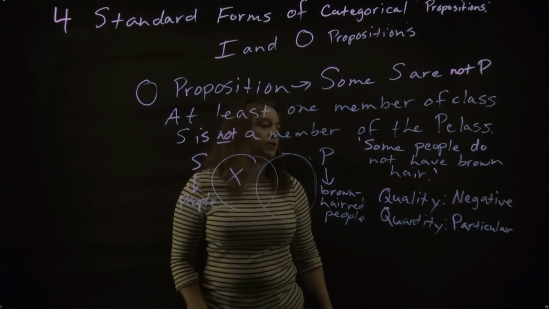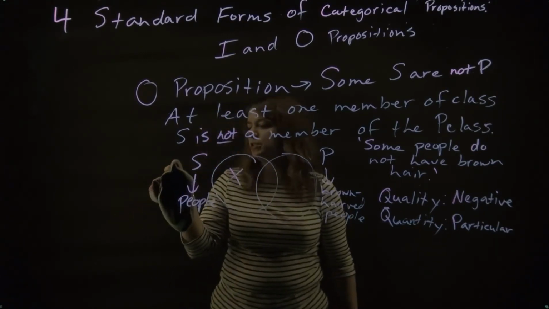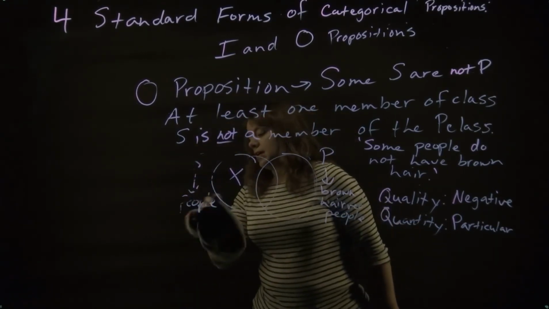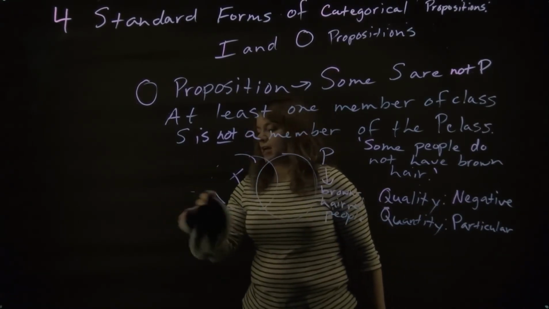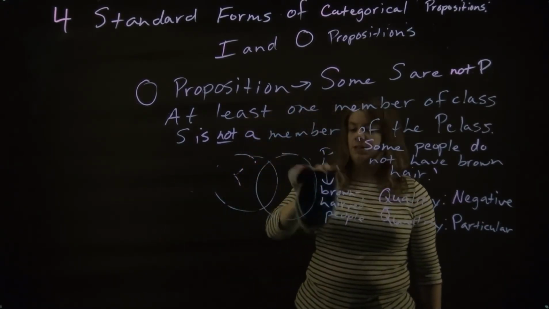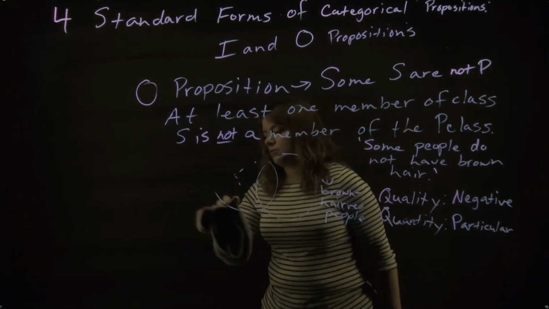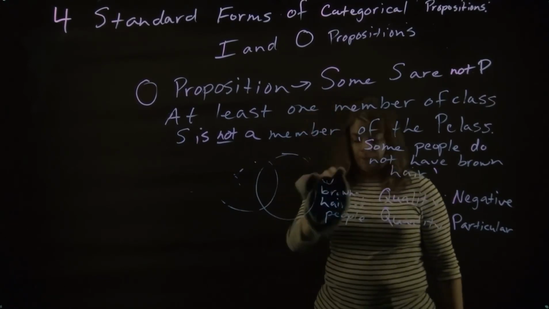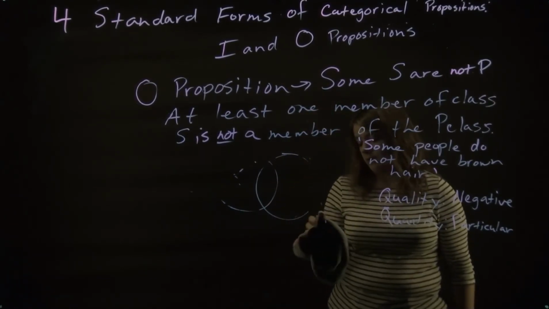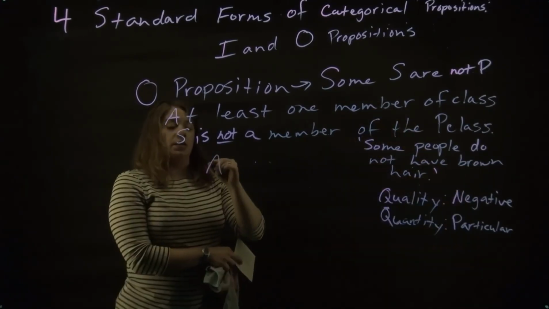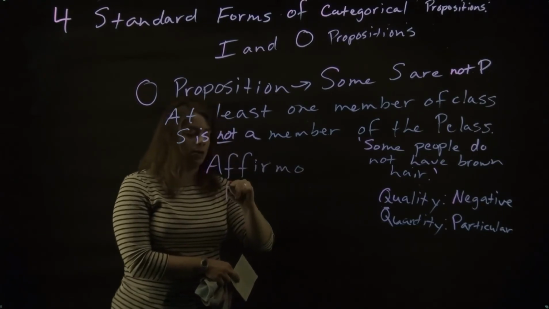So if you're wondering why we refer to all these propositions as A, E, I, O propositions, the reason goes back to the way medieval logicians classified these statements. There's an interesting mnemonic device we can use to remember these A, E, I, O propositions and what they symbolize. In Latin we have two terms, affirmo and nego.